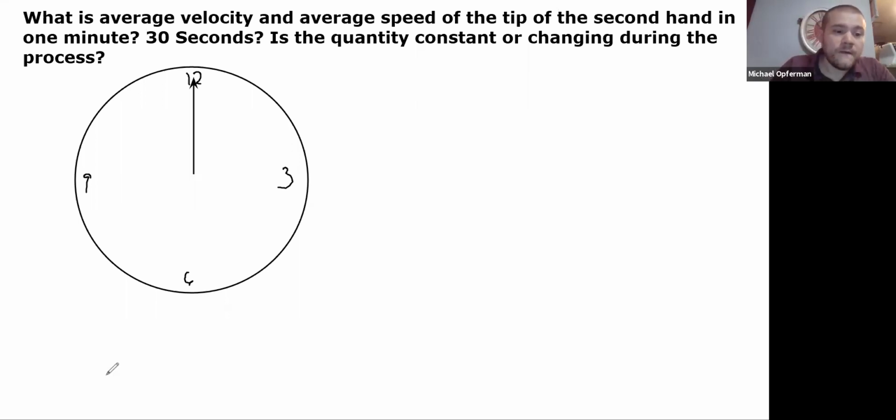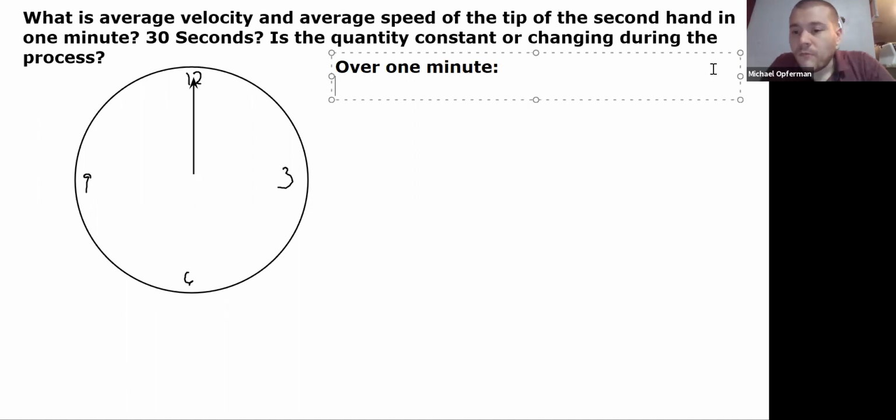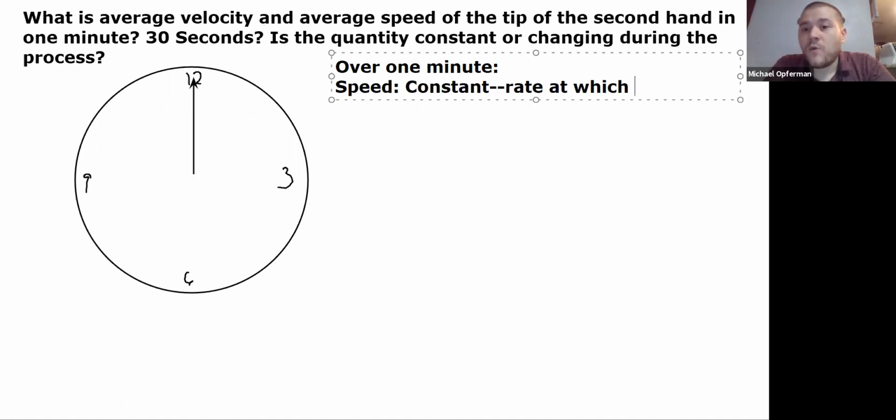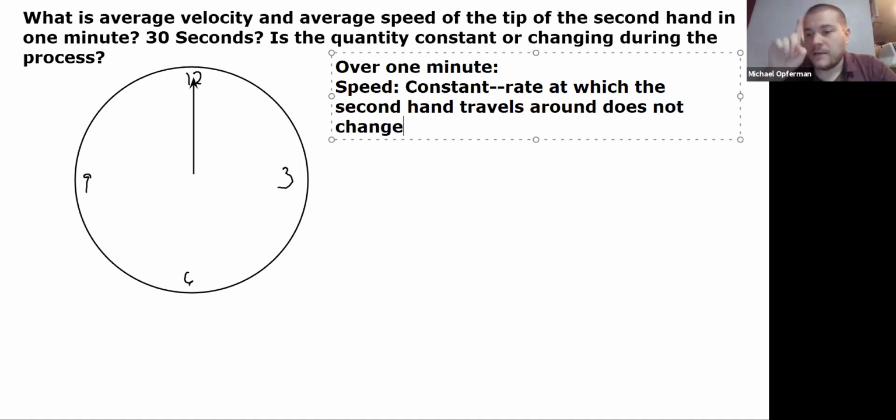Okay, so first of all, let's do it for 1 minute. Let's do first, is the quantity constant or is it not constant? Okay. The speed in this is going to be constant because the rate at which the second hand travels around does not change as the hand is going around the clock.